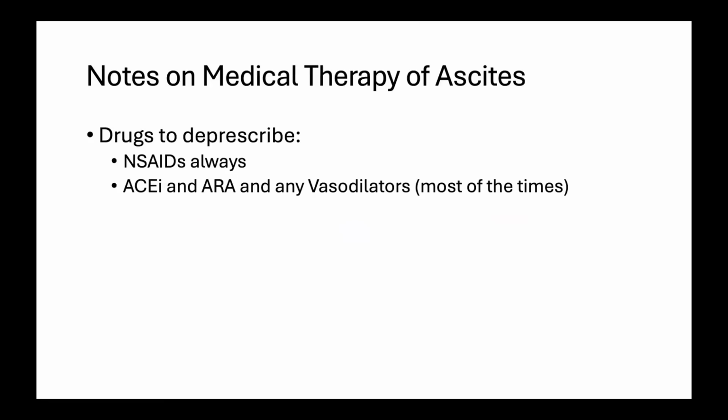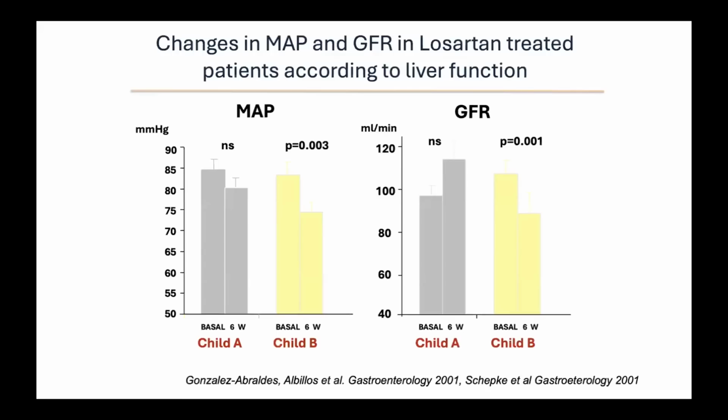And this is very important because with a shift in etiologies, we didn't really have patients 20 years ago on these medications, but now most of our patients have NAFLD-related cirrhosis, and many of them are or were being treated with these medications. But really, when they get ascites, the blood pressure has already decreased. There might be some very specific circumstances, like patients with proteinuria, that might need these medications.